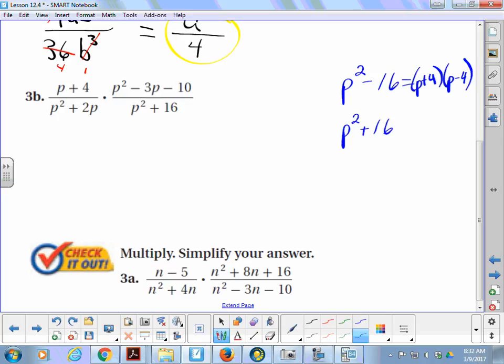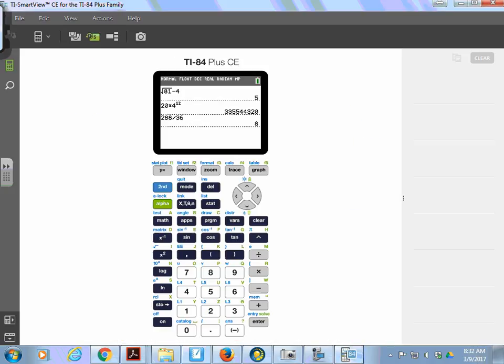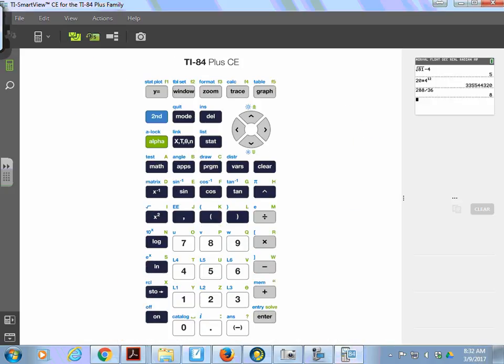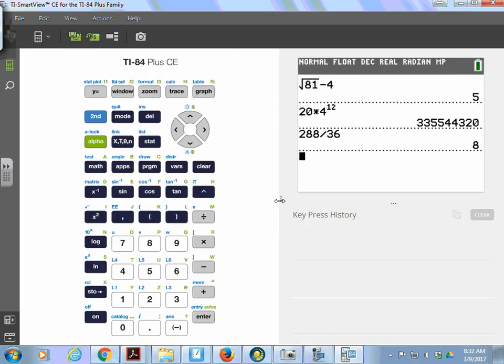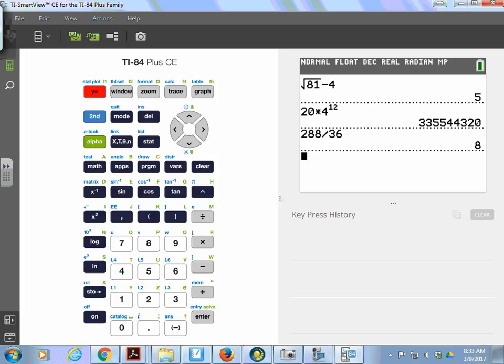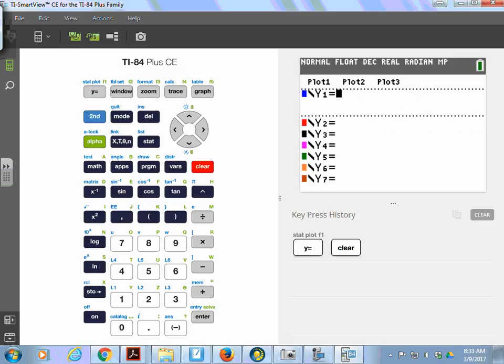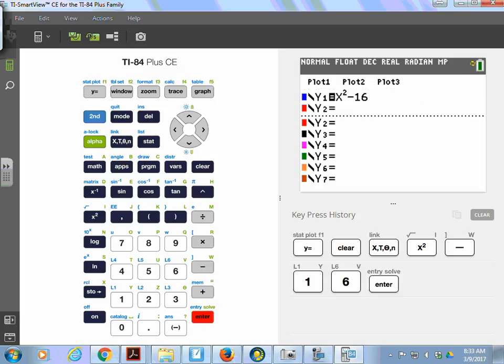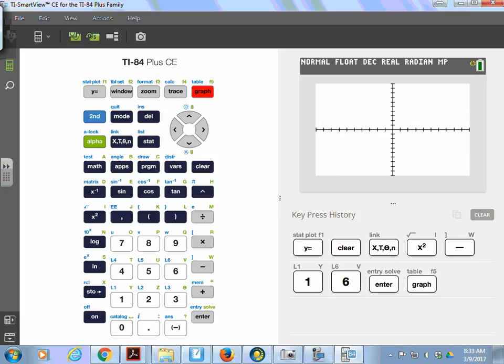So here's a reminder why. If I graph x squared minus 16, we have a 0 at positive 4 and negative 4. And that's why I can factor it, because I have zeros. If you don't have zeros, you can't factor.